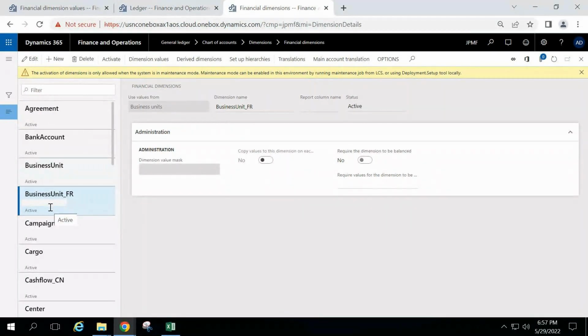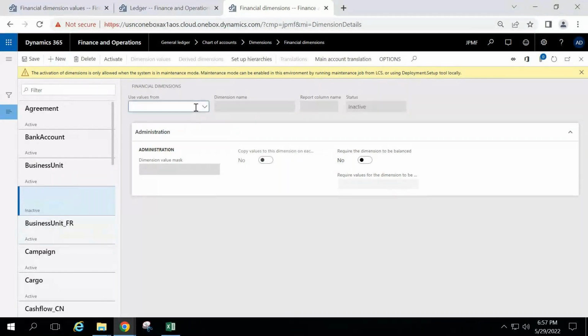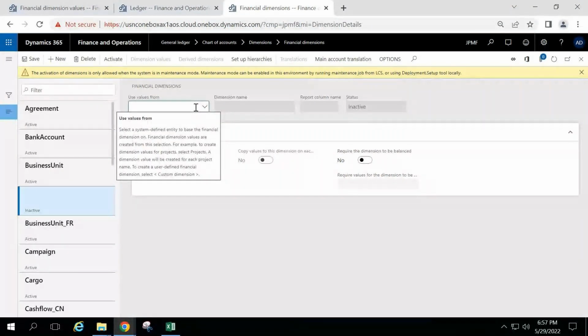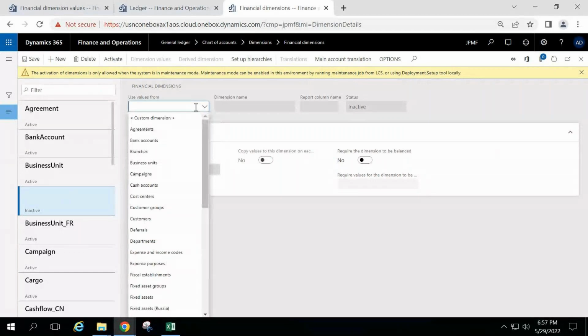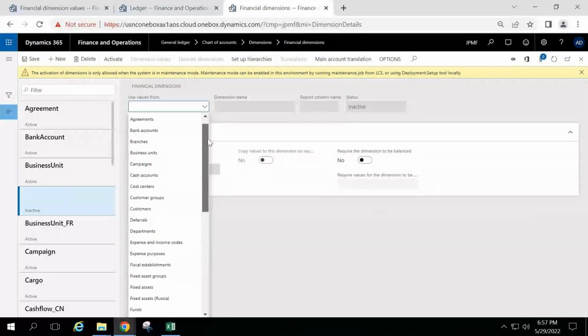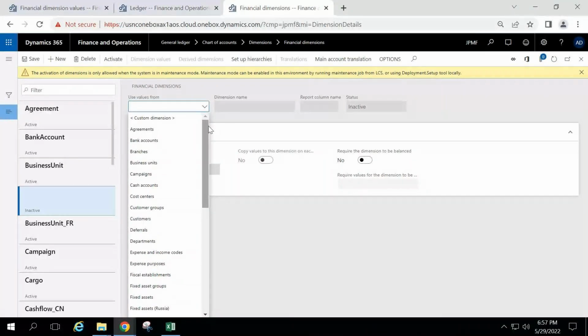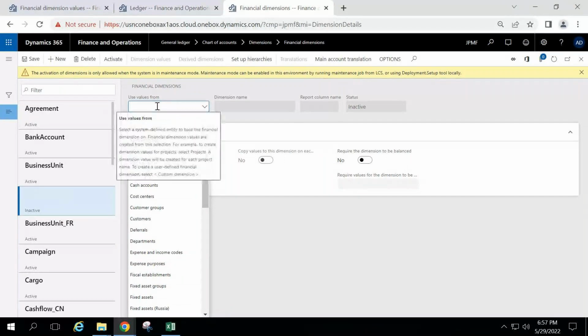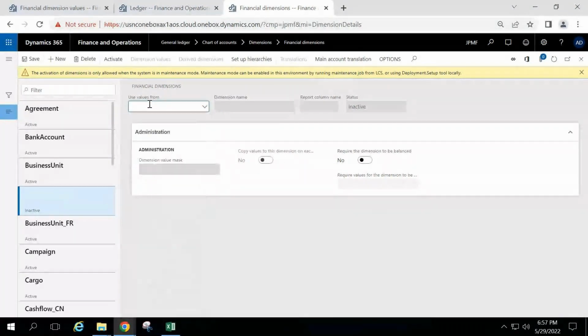Click on new. You can do whatever you want. If you are missing any from the drop down, click on the drop down. Everything is there. Now, if I want to have the brand over here, I don't find the brand.